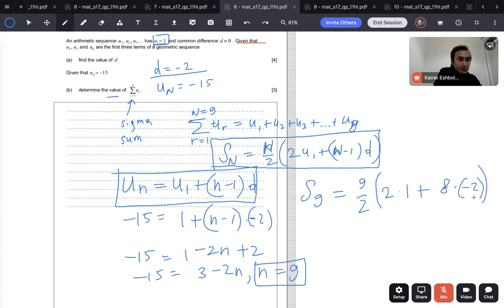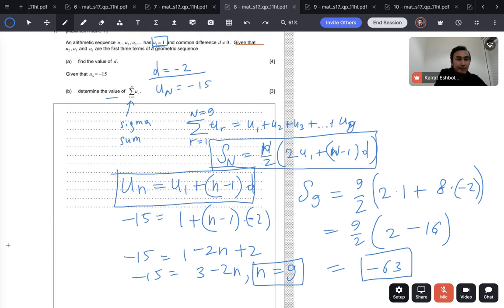That's 9 over 2 times 2 minus 16, which is minus 14, and 9 over 2 times minus 14 is equal to negative 63. That's the answer to part B.